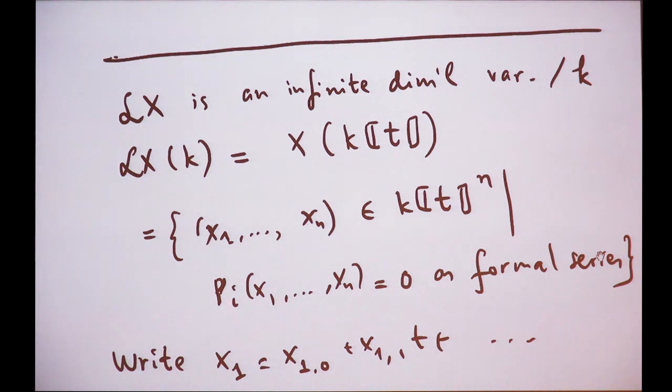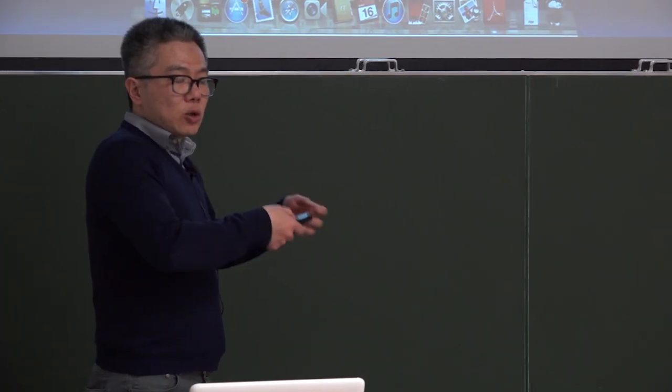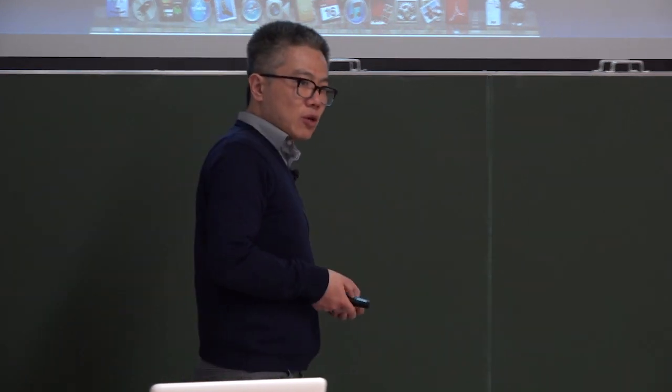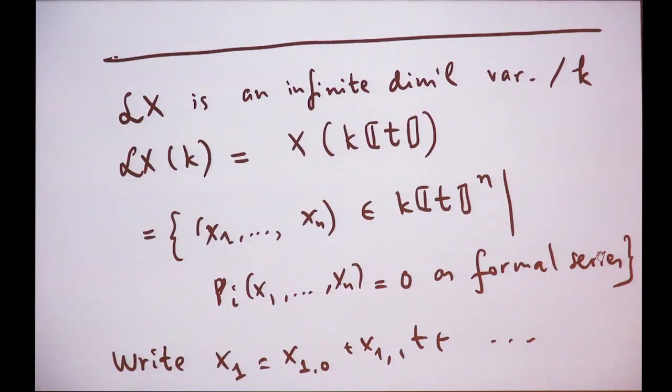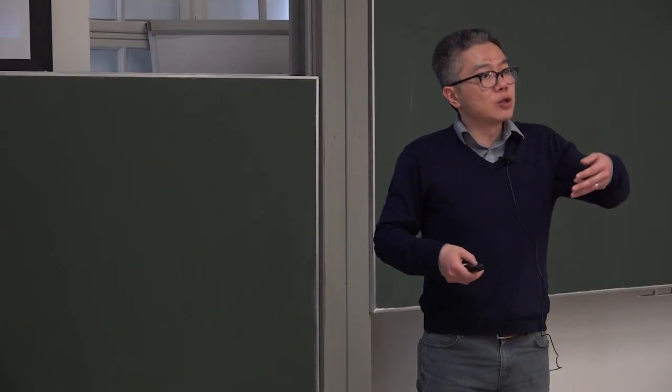So when you apply Pi to x1, x2, ..., xn, when you add formal series, you get a formal series. When you multiply formal series, you get another formal series. So if you just instantiate x1, ..., xn by formal series, you get some gigantic formal series, and you want that formal series to be 0.